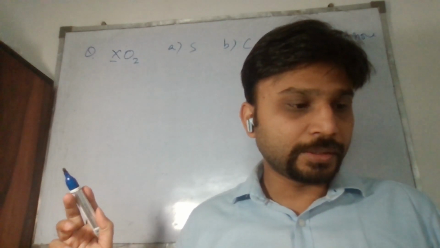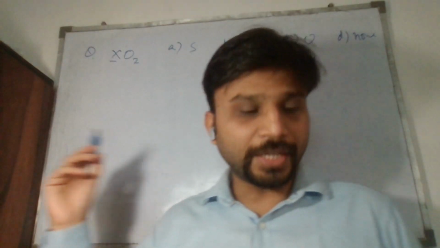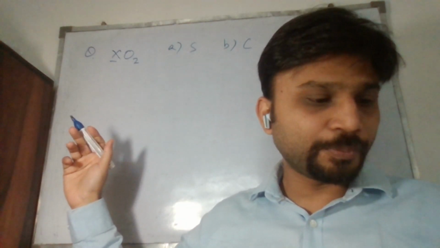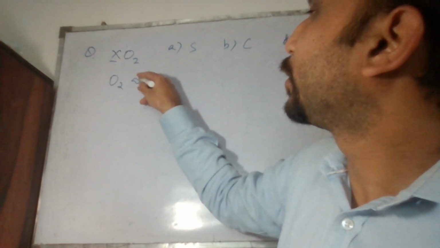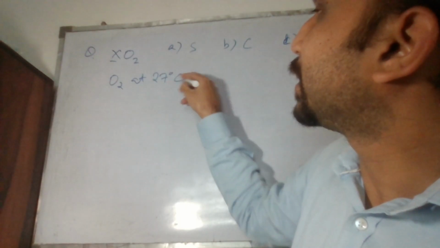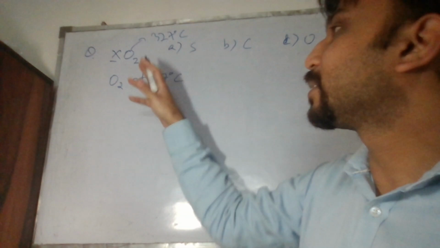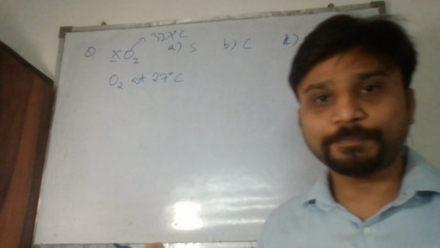Question is at 327 degrees Celsius, the RMS speed of XO2 molecules is same as that of oxygen molecules at 27 degrees Celsius. From this information, we have to find out what is X.